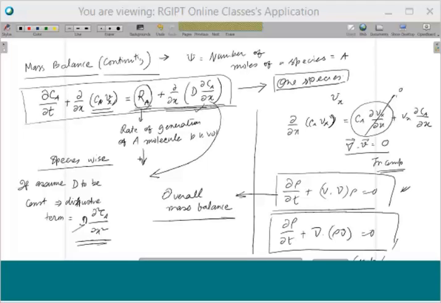Remember, this is the rate of generation of A molecules per unit volume, right? If you fix the total volume, this would be the same as the rate of change of concentration. And that you can separately study and come up with kinetic laws, which you can use over here in flow systems, right?